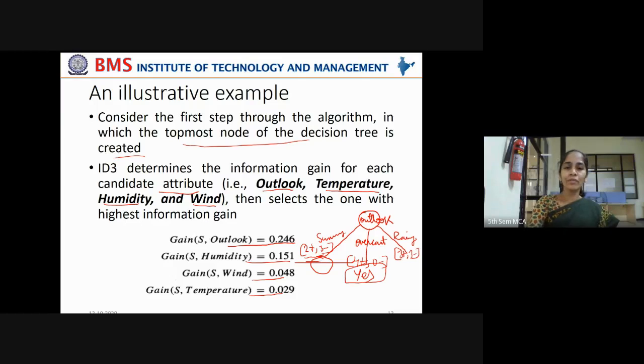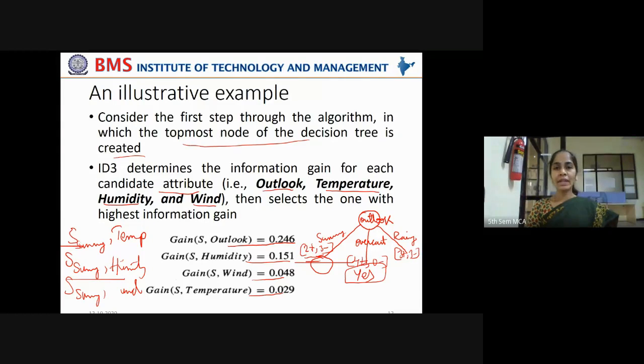For this, you take S of sunny. You calculate the information gain for temperature, for humidity, and for wind.